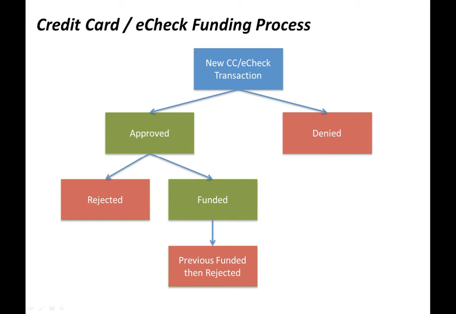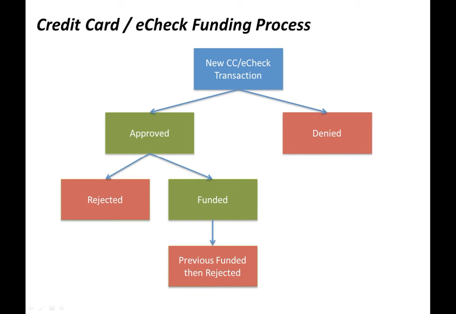Now, when you create a new transaction, one of two things is going to happen right away. It's either going to be flagged as approved or denied. So let's talk about denied first. If the transaction is denied, that means for whatever reason it was denied and it's not going to be funded.